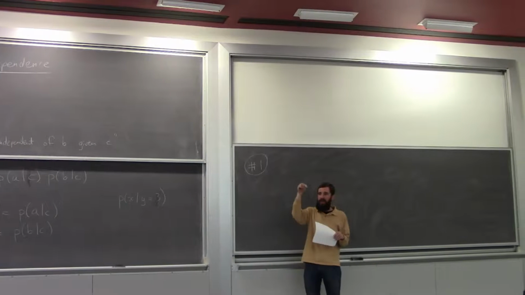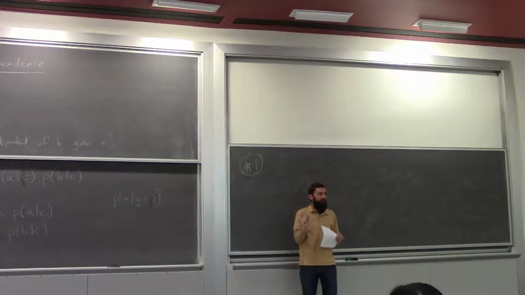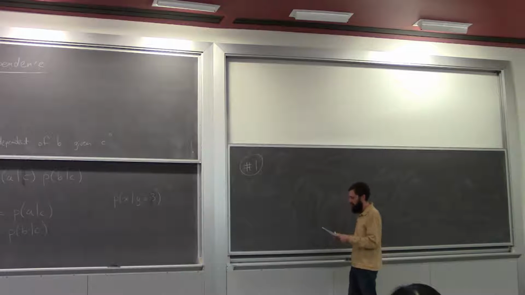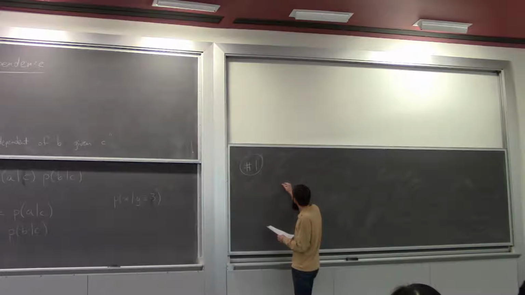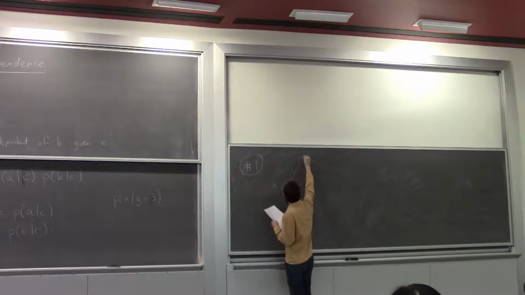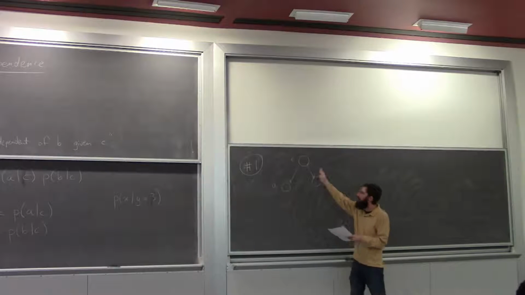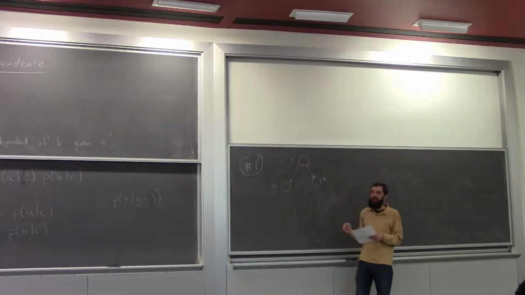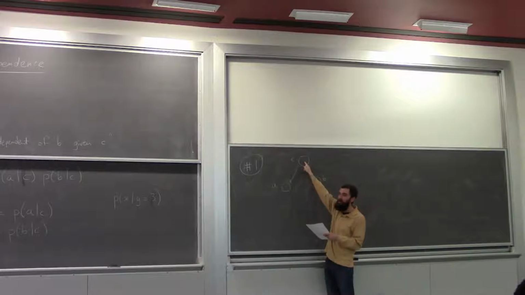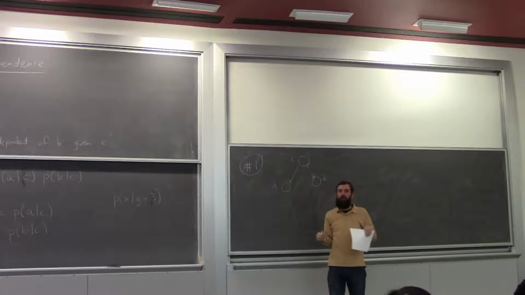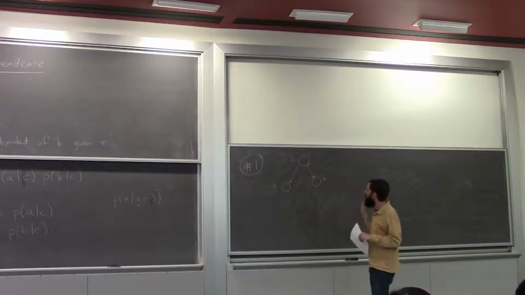But the question is, how is the graph structured? There are basically three types of graphs we can get here. So I can have the following graph: A, C, and B. Again, you could permute all these A's, B's, and C's, but the point is that you've got one node in the middle that has spokes going out to the other two nodes. That's the first structure we're going to look at.